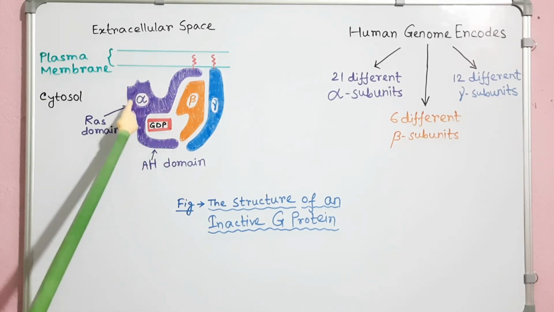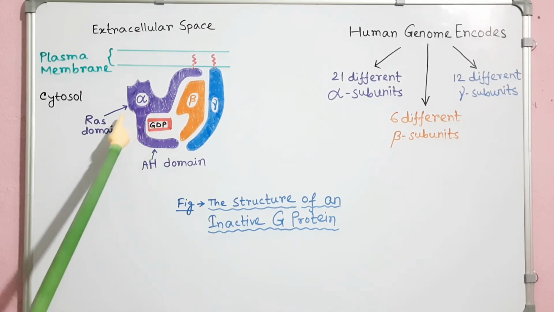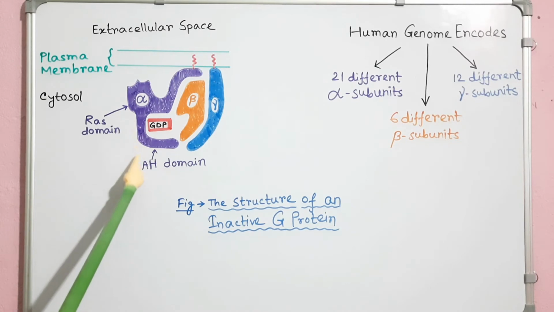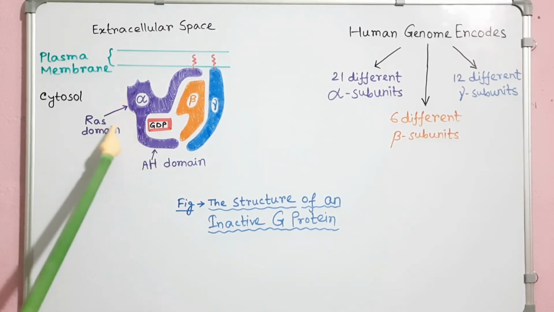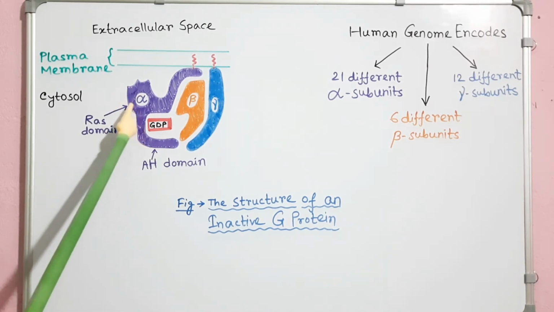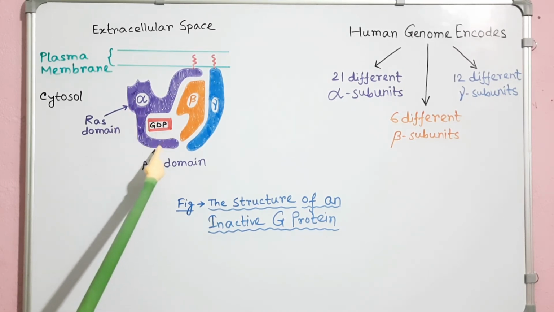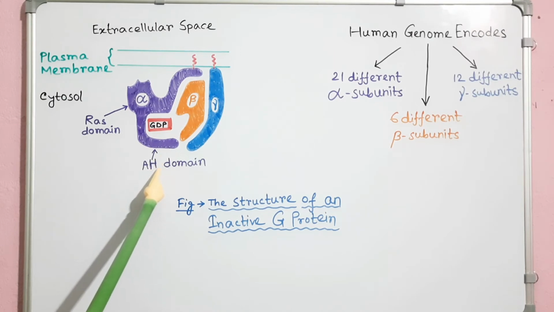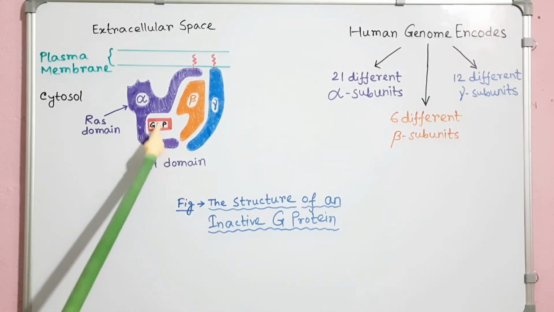The GTPase domain contains two major subdomains, the RAS domain and the AH domain. The RAS domain is related to other GTPases and provides one face of the nucleotide binding pocket, and the alpha helical or AH domain clamps the nucleotide in place.